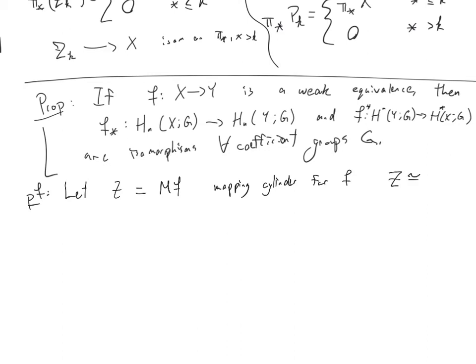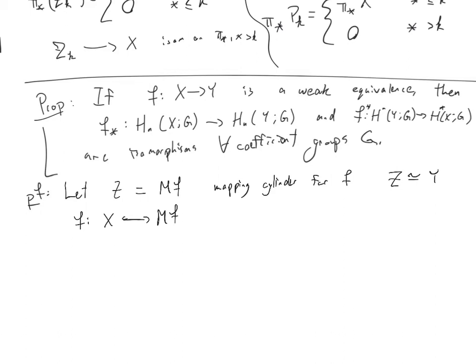Then I know that Z deformation retracts onto Y, and I have an induced map from X into Mf, or maybe I should just call this the inclusion.